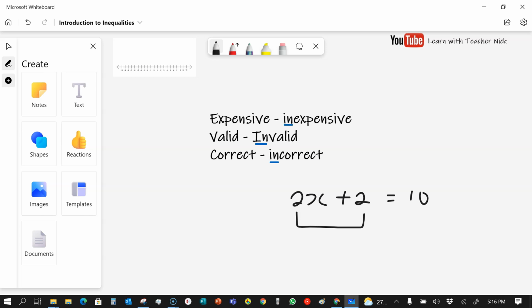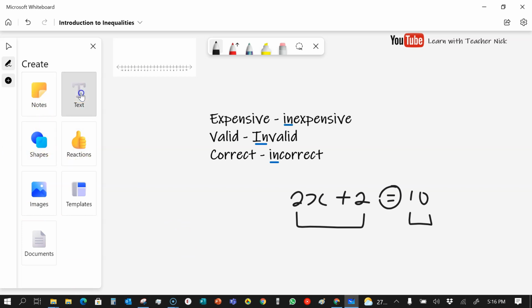And on the right-hand side, I also have an expression, a numerical expression. So 10 is a numerical expression. What does the equal sign tell us? It tells us that there is an equality between these two expressions. It means the left-hand side is equal to the right-hand side. This symbol tells us there is equality.